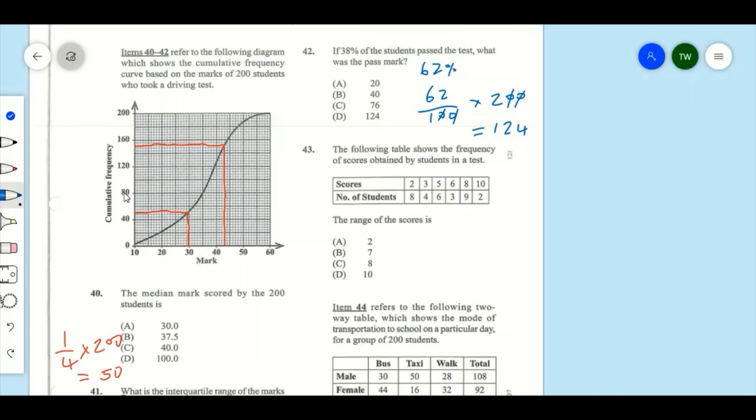So we need to go to 124. So this is 80. And 80 plus 20, that is 100. And this is 120 here. And we need 124. It's just one of these small little boxes here. So 124 is just about here. We're going to go across in a straight line.